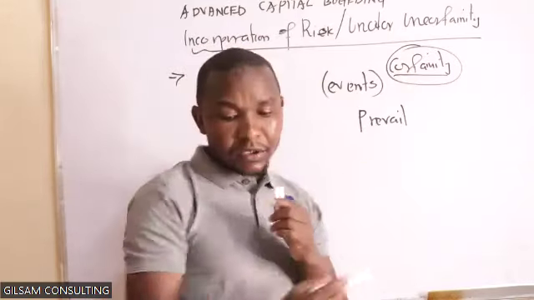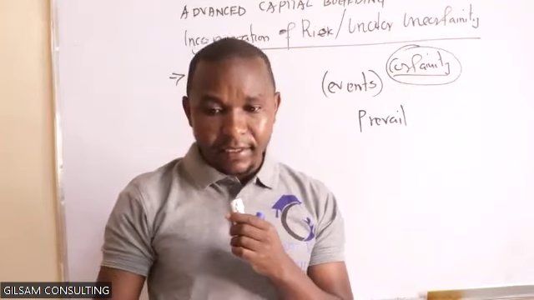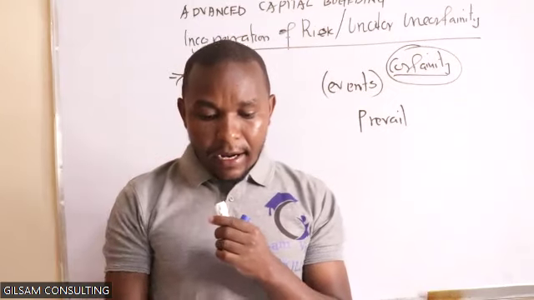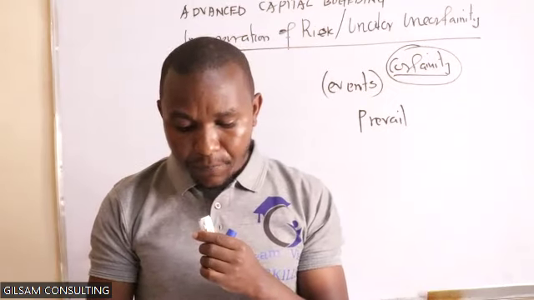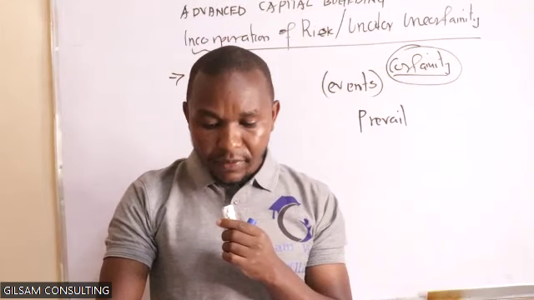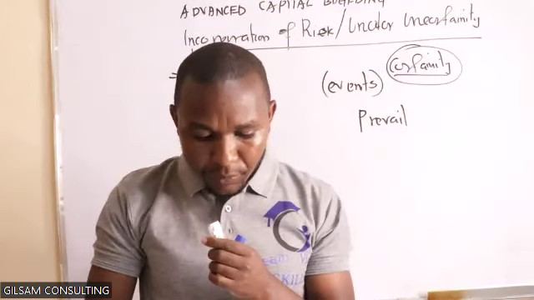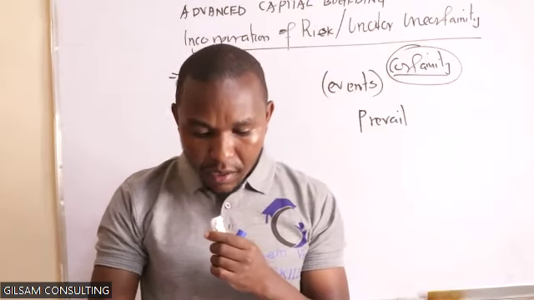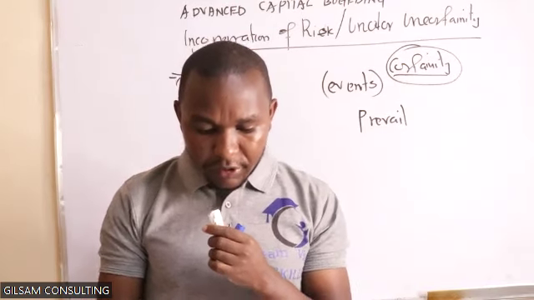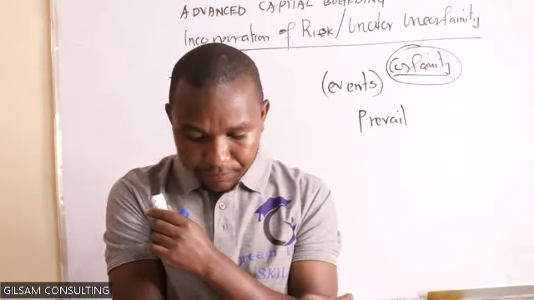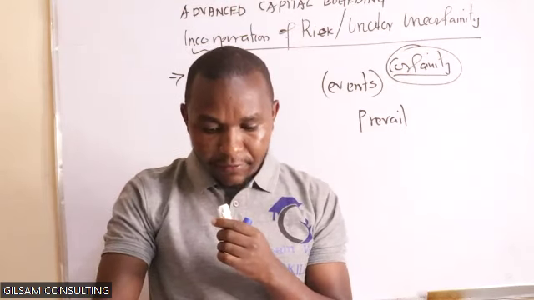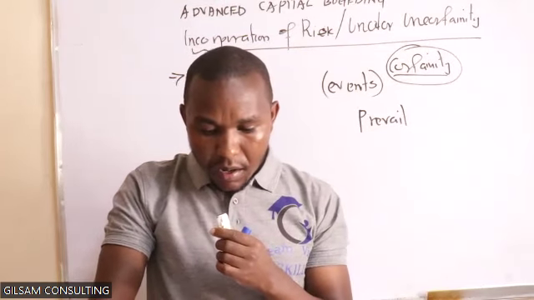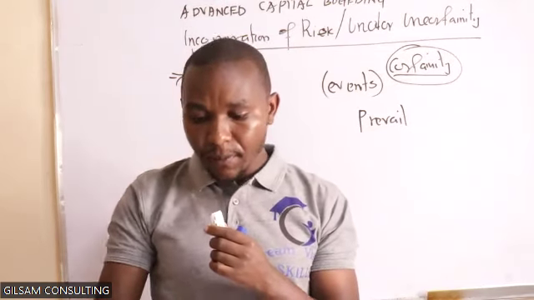Then the second point explains the risk under uncertainty: under the uncertainty environment, the state of nature which will prevail are not known in advance, and their probabilities are not given.